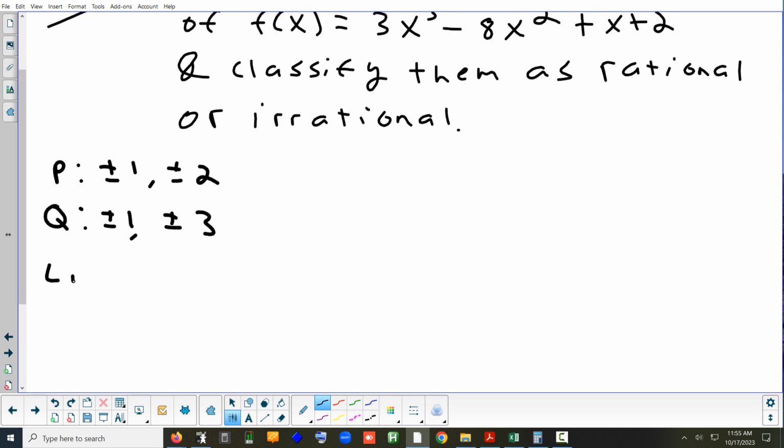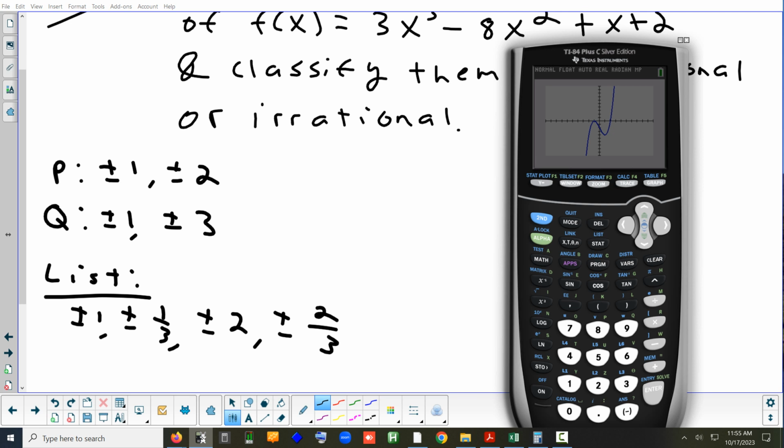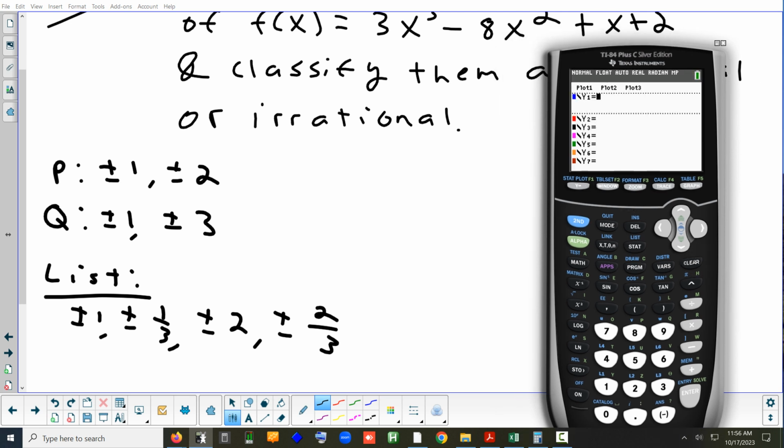So when I make my list of possible values of p divided by q: 1 over 1, 1 over 3, 2 over 1, 2 over 3. If it's going to cross at a fraction, it has to be one of those 8 numbers. Let's put it in and see where it crosses.